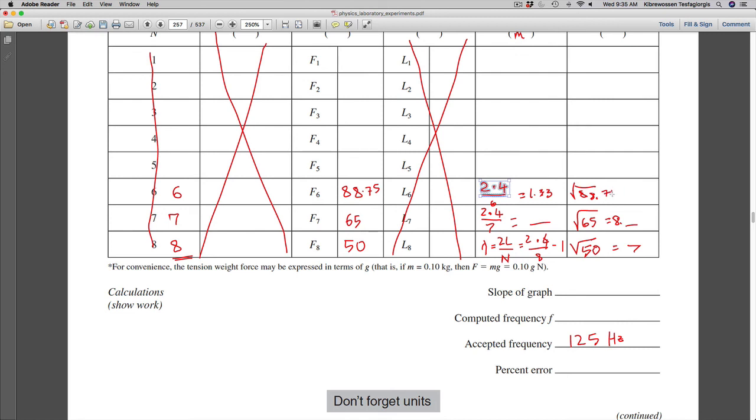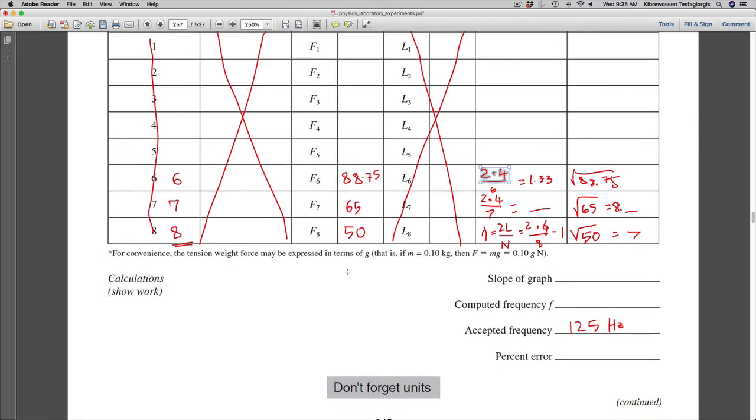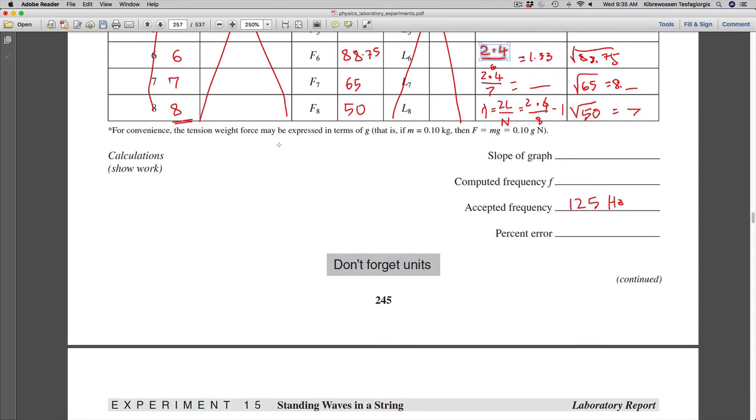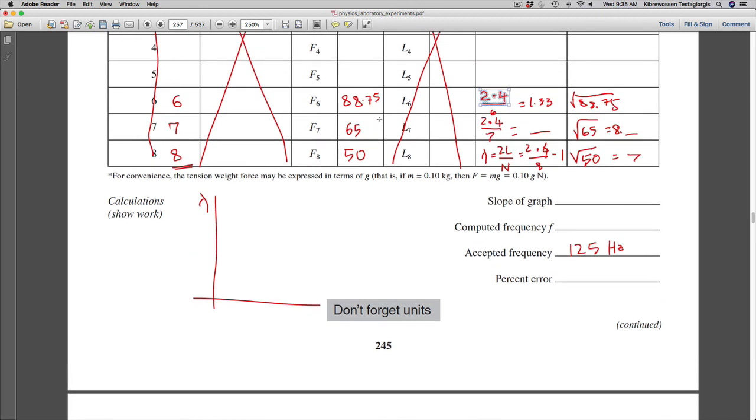So we have already investigated, and you already know how to graph things. Then the next item is, once you collect 5 or 6 points, what you will be expected to do is put your lambda values, those are your lambda values, and then you put your square root of f values on the x-axis.